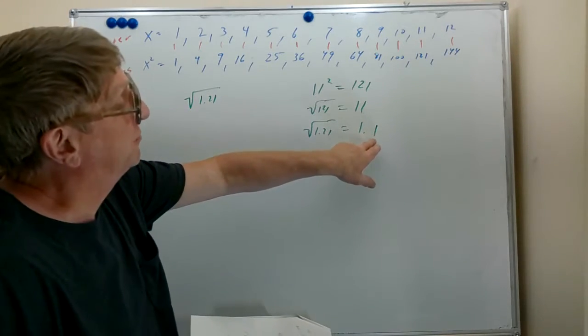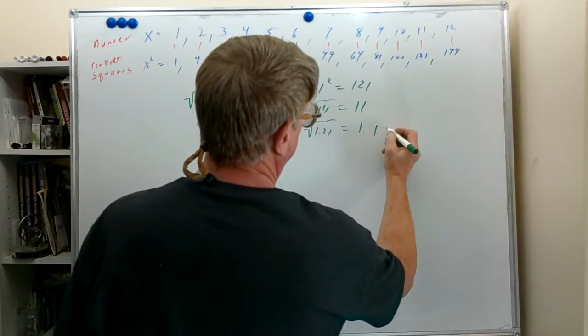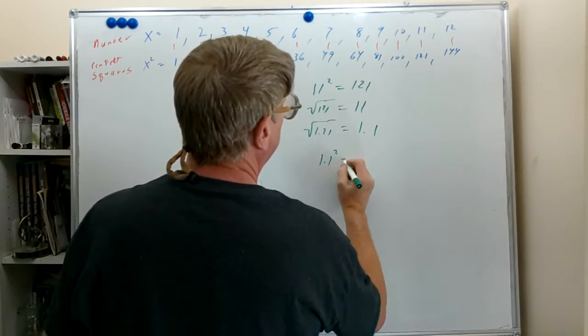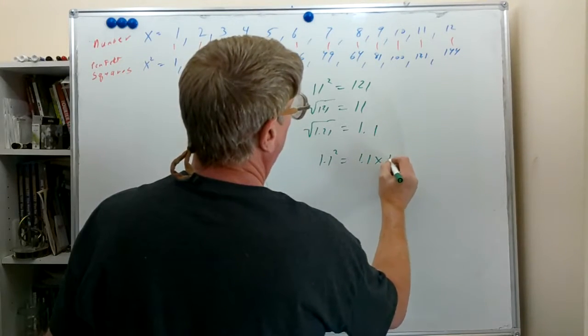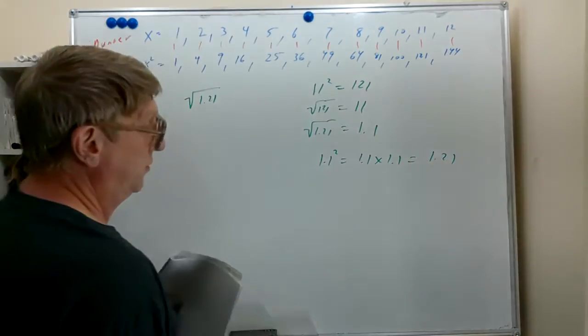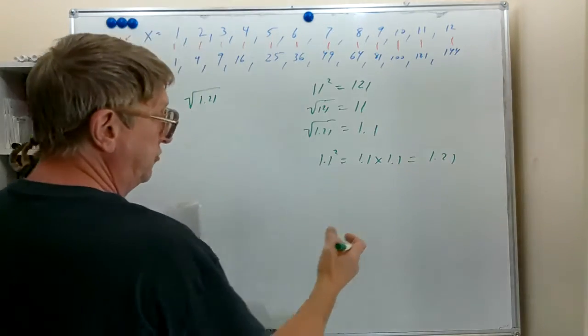We have to have 1 decimal place in our actual square root, because 1.1 squared is equal to 1.1 times 1.1, which equals 1.21. We do the whole number part, 11 times 11 gives us 121, and then we account for the 2 decimal places.